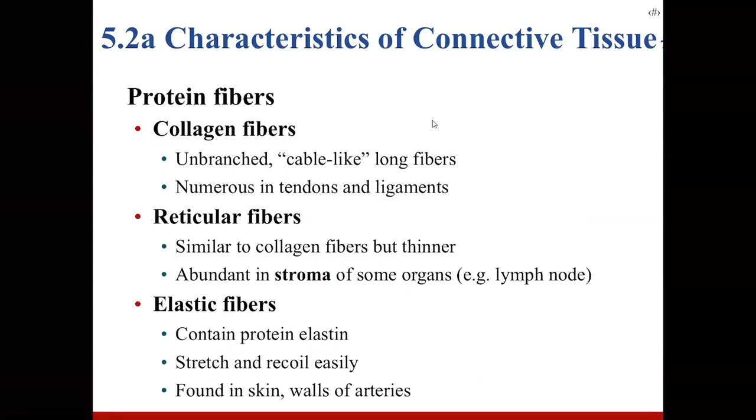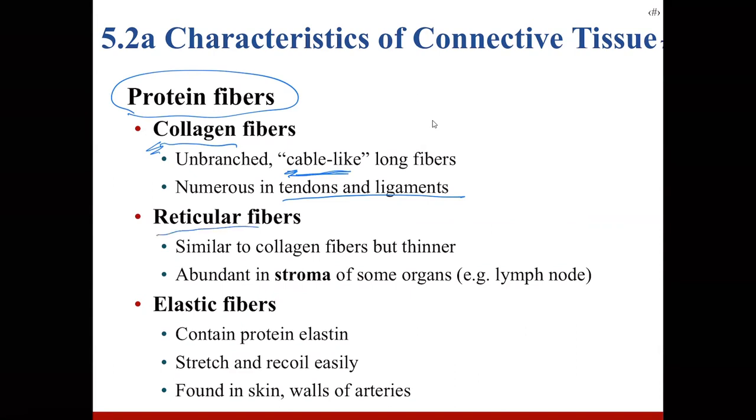Connective tissue has different kinds of fibers in them. They're all made out of protein. One is called collagen. Collagen is really strong. They say cable-like, right? So C and C, so they're tough. They're going to be found in your tendons and ligaments, and that keeps them together.